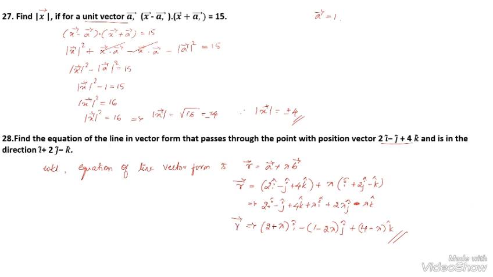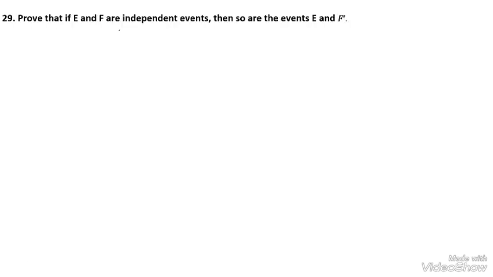Okay, now let's move on to the next problem. Question number 29. Here the question is, prove that if E and F are independent events, then so are the events E and F dash.